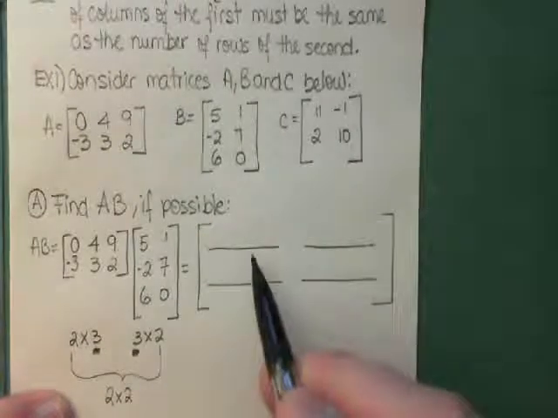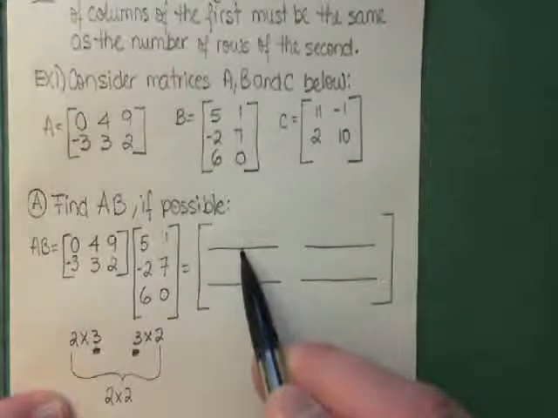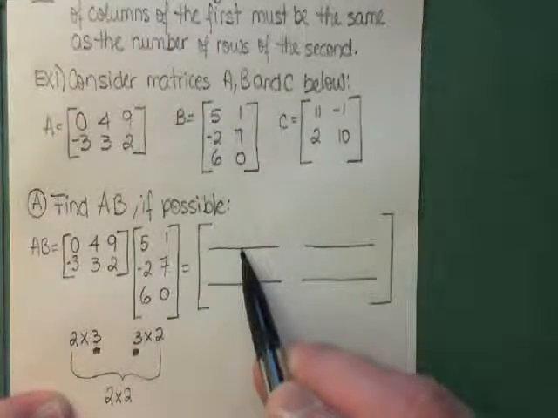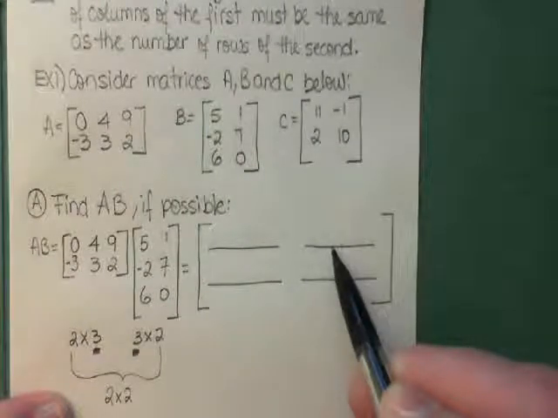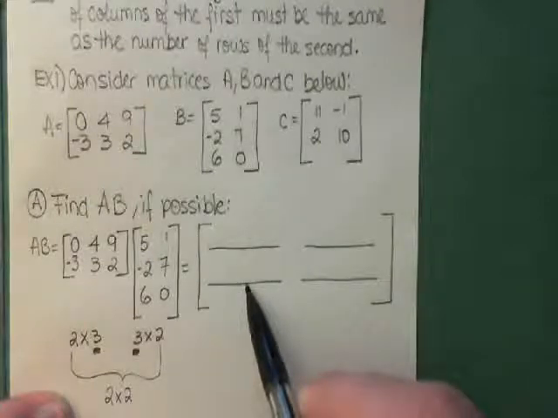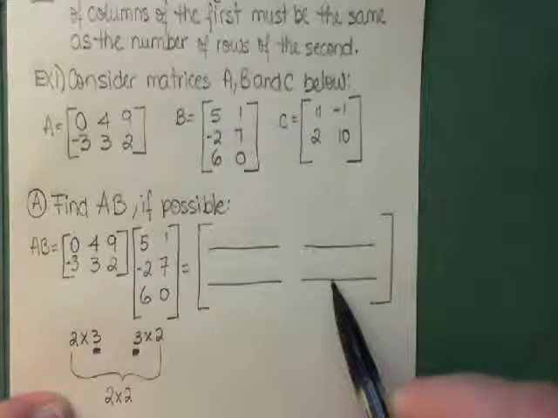One thing that you need to remember is the addresses. This would be address 1,1 because it's row 1, column 1. This is row 1, column 2, so 1,2. This would be 2,1, row 2, column 1. And row 2, column 2.